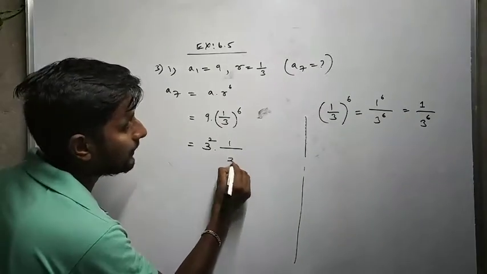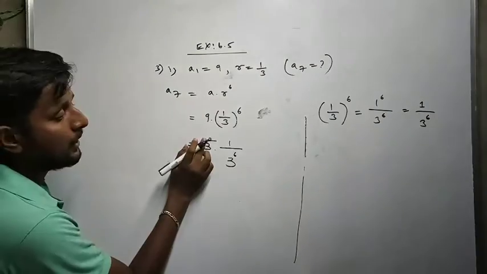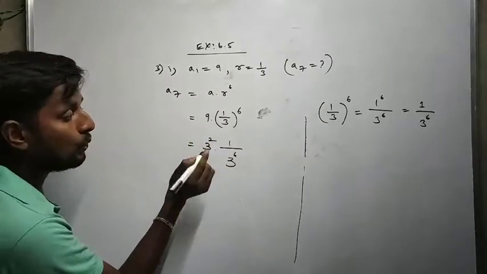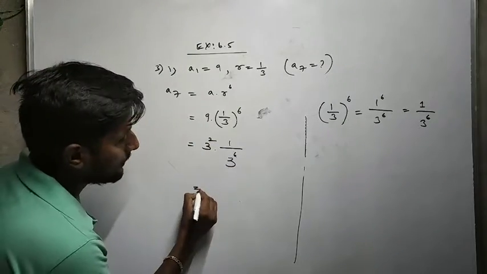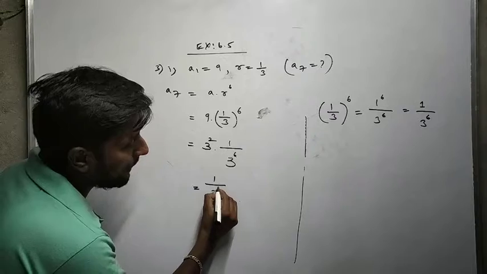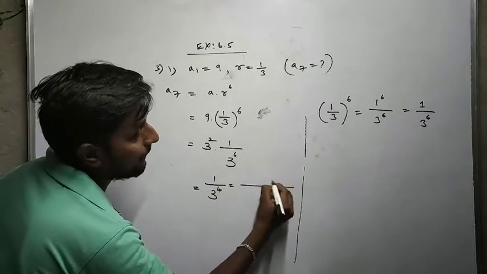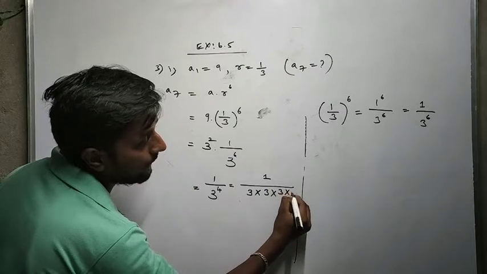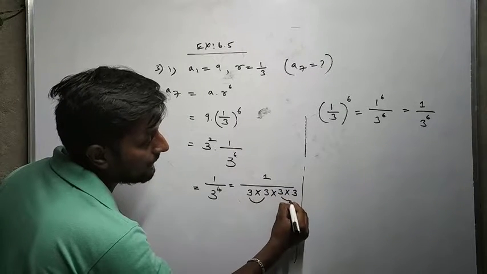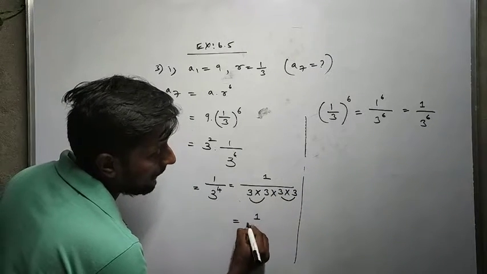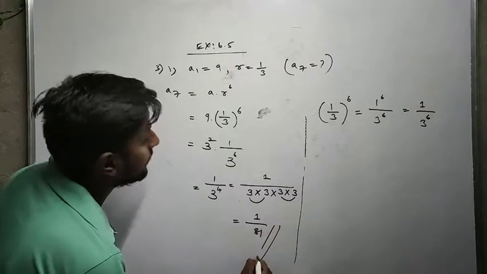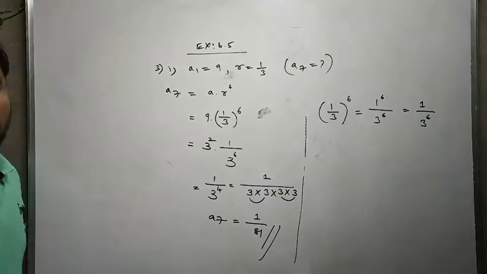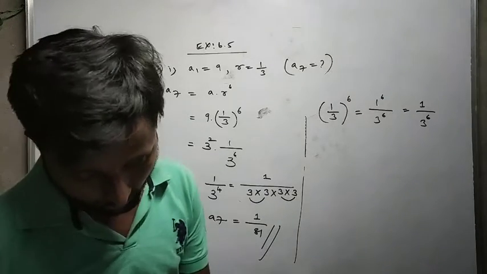From the 3 power 6 we cut 2 because we already have a 3 square. So we get 1 by 3 power 4, that is 1 by 3 into 3 into 3 into 3. 3 threes are 9, 9 nines are 81. So the 7th term is 1 by 81.